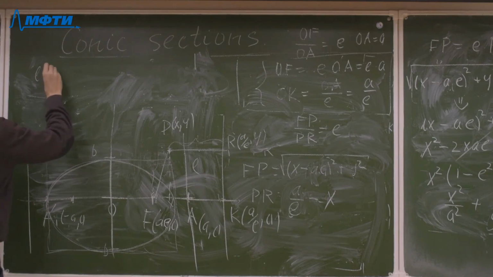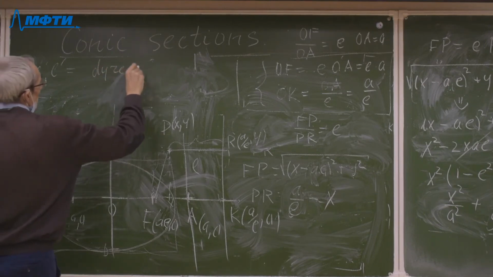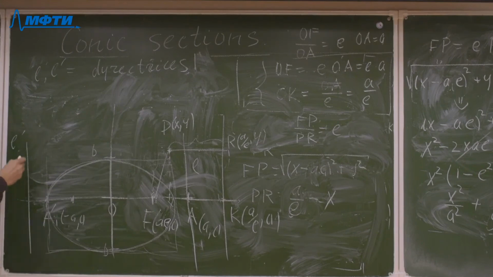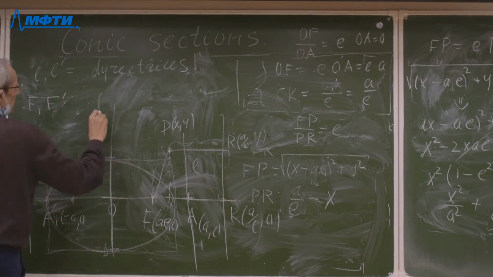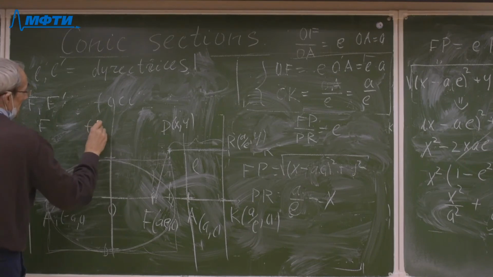L and L prime are called directrices. F and F prime are called foci.